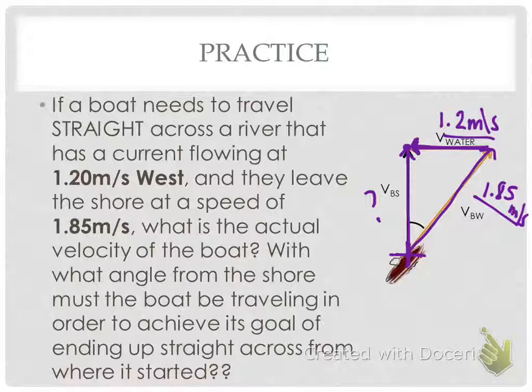So Makara, what'd you get? Kelsey, do you have it? 1.42. What are our units? Meters per second. Okay, and what angle? Does anyone have the angle ready for me?